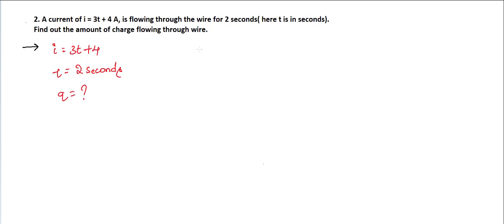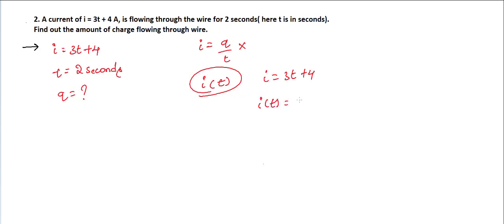Now you have an idea like I is equal to q by t, but you should not put this formula, because here the current is not constant. Here the current is a function of time. That is I is equal to 3t plus 4, I of t, a function of time.